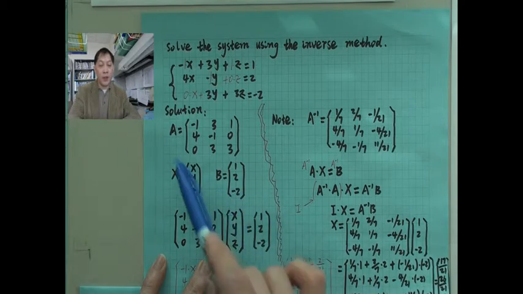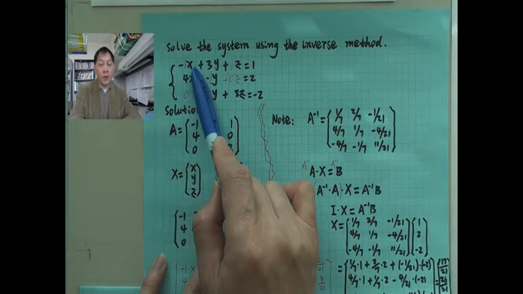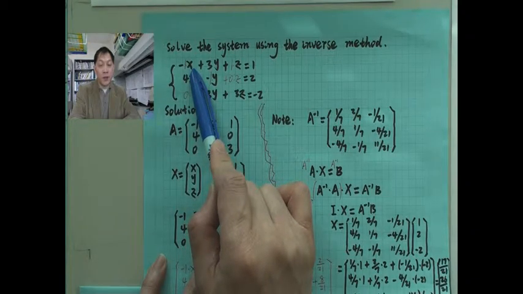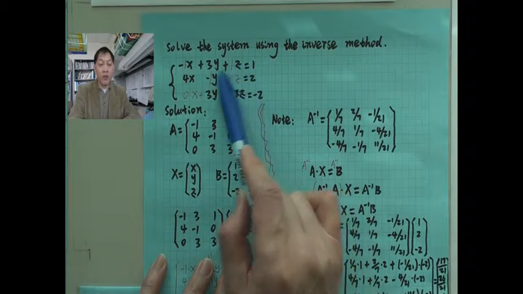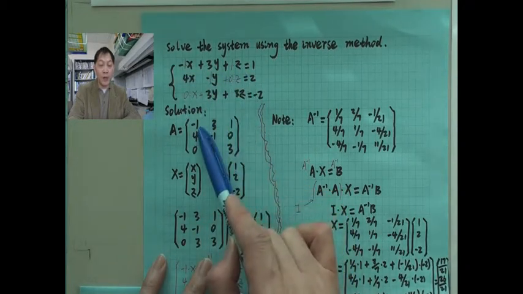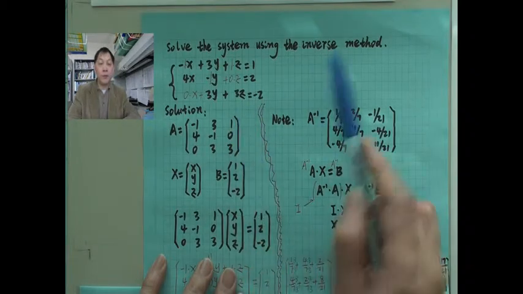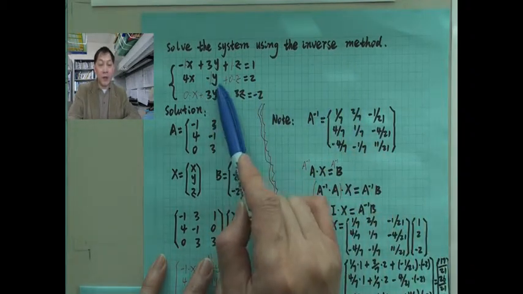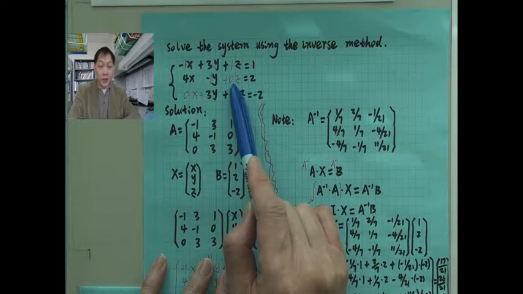So the coefficient, you see, negative x is actually negative 1 times x, and z is actually 1 times z. So the coefficients from the first row are negative 1, 3, 1. And in 4x minus y, the coefficient in front of z is 0.